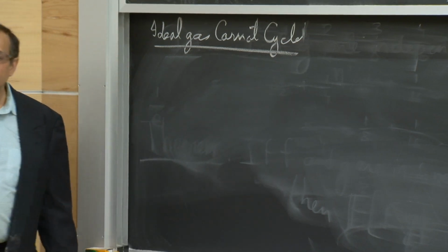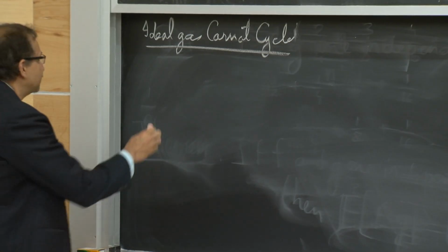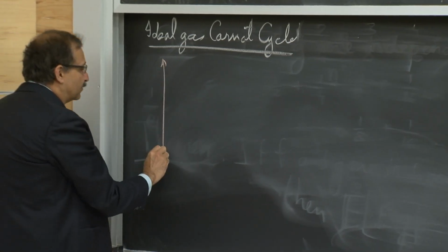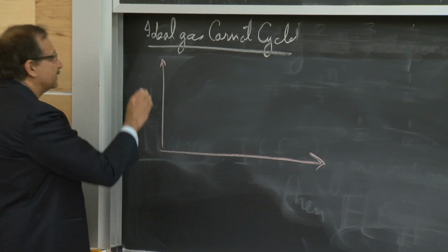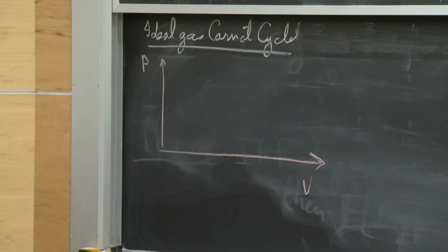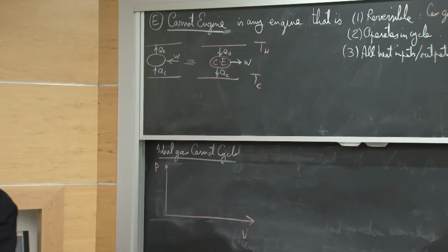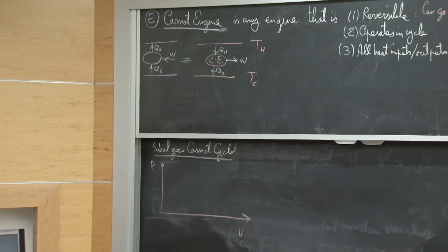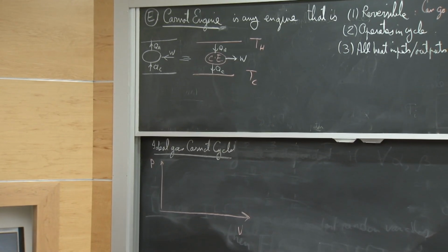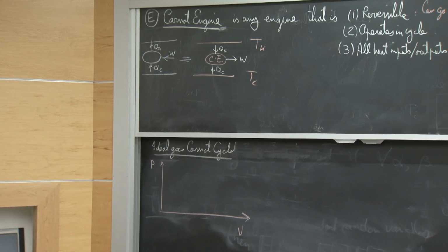So we said that a gas in equilibrium I can represent by a point in the pressure volume diagram. So let's say that the working substance of this Carnot engine is a gas. And part of this whole story is that it should be working between two isotherms, TH and TC.